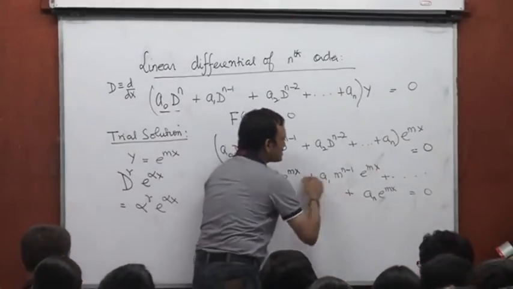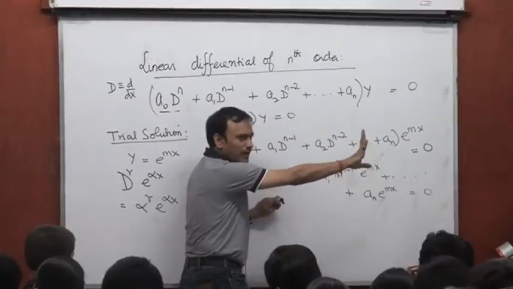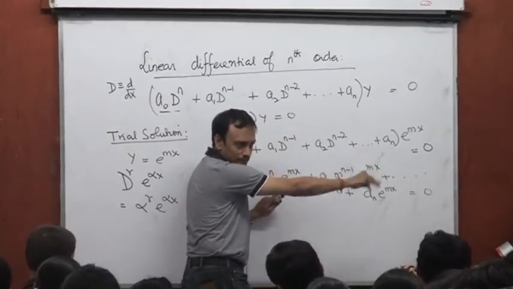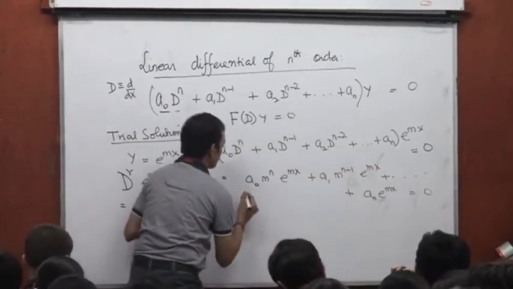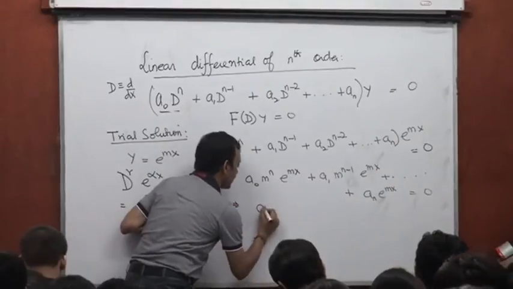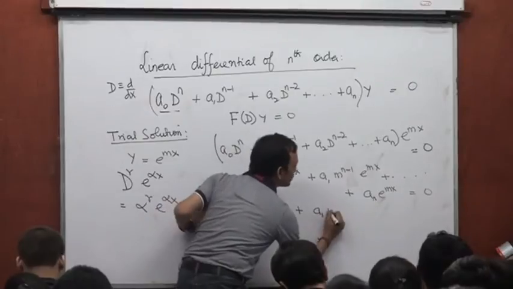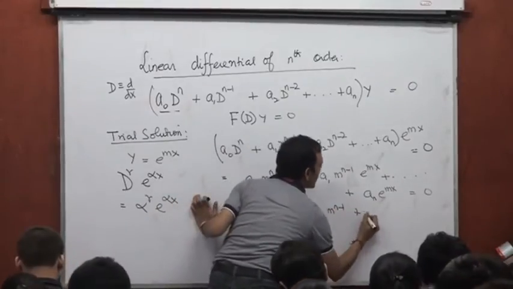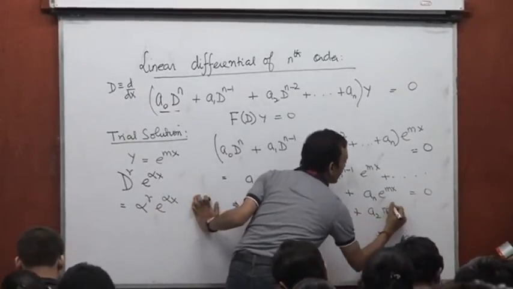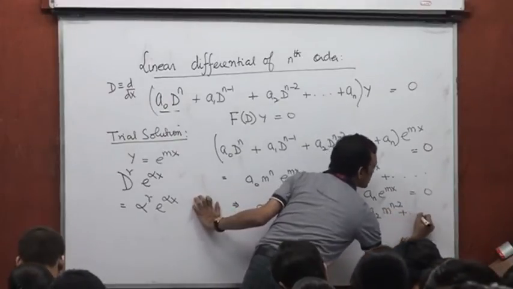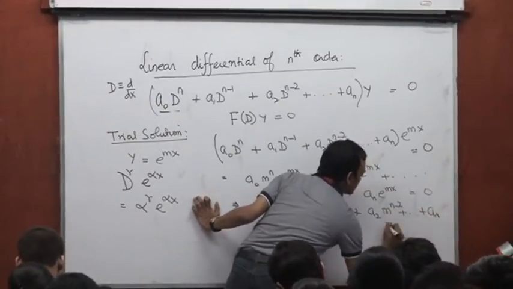Now since e^(mx) is not 0 for any finite m, I can say that a0 m^n + a1 m^(n-1) + a2 m^(n-2) + ... + an must be 0.